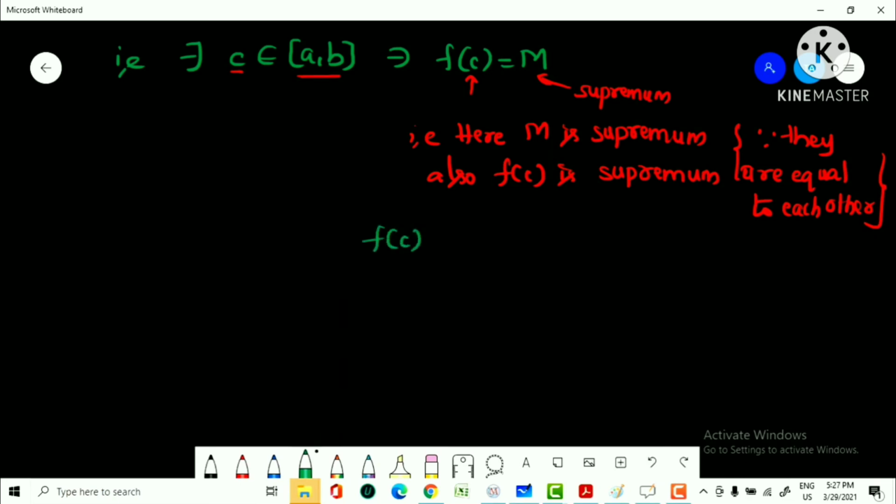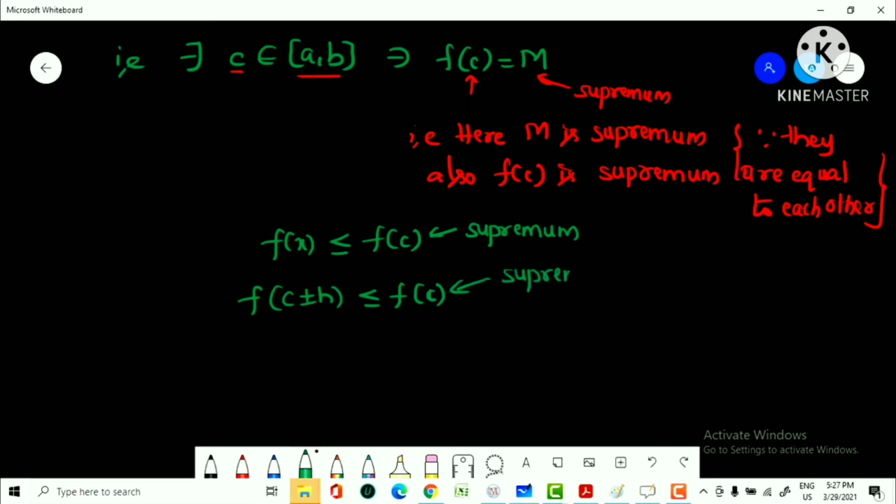Since I am saying f of c is itself only supremum, this can be f of x should be less than or equal to f of c. So irrespective of any changes in the function, this will remain as it is because f of c is supremum.